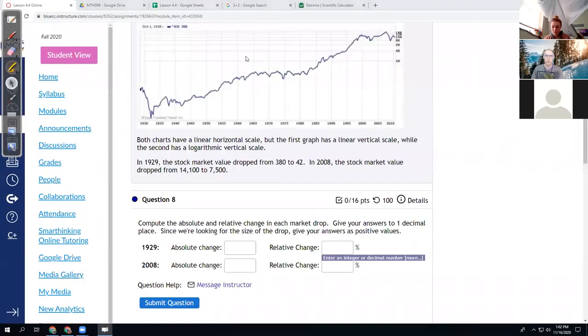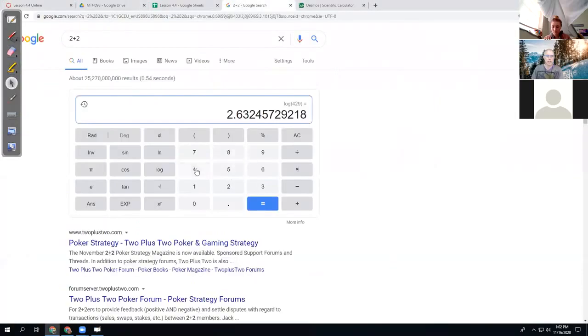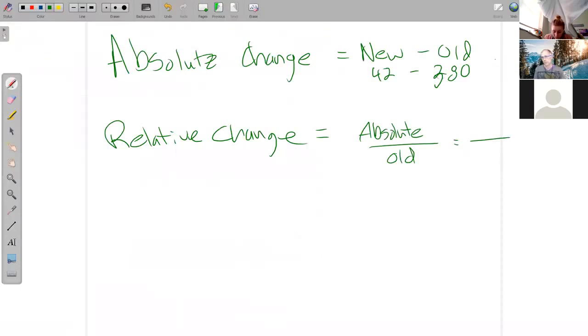So what is 42 minus 380? I get a drop of 338. And then to get the relative change, we take that absolute change and divide by the old amount, which was the 380.